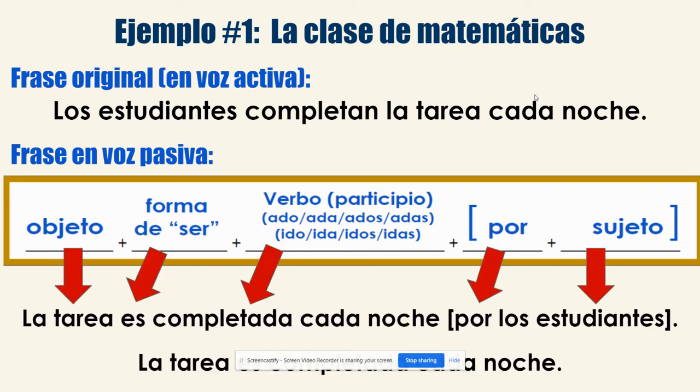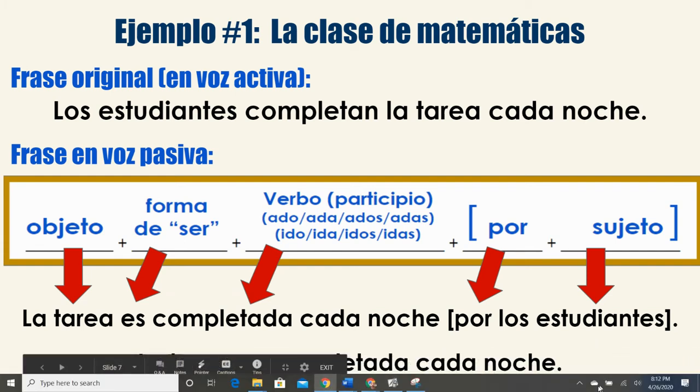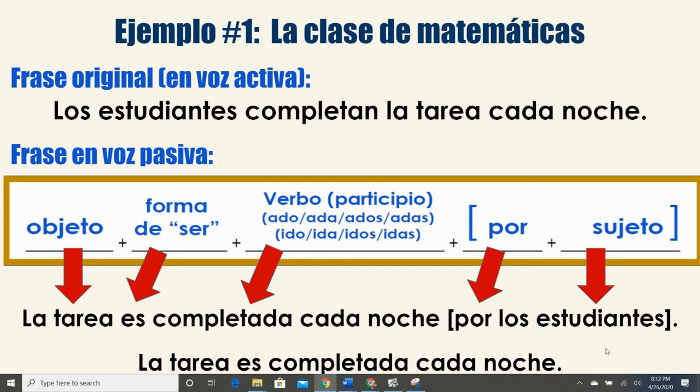But if I want to change that to passive voice, I want to focus on the action that's being done, and the person or people who's doing the action is less important. So I would flip my pieces around and start with the object. La tarea es completada cada noche por los estudiantes.